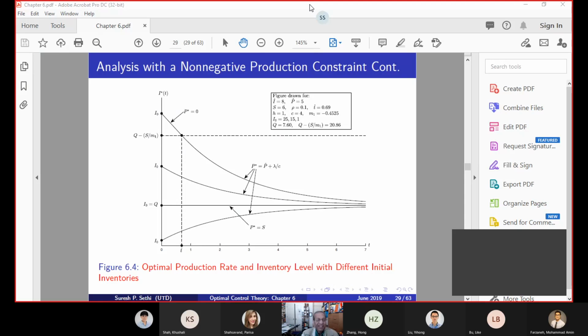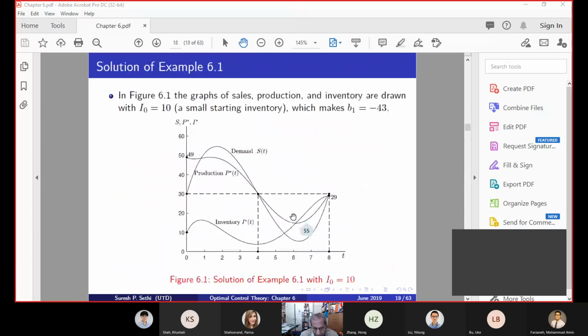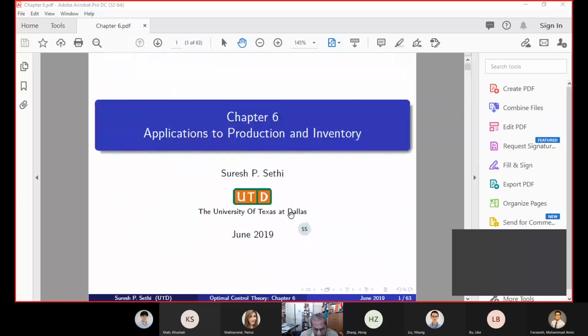So this is the insight that you have to have. The insight now is that I have solved the problem. This is the boundary case. The boundary case is such that P star is at the constraint only at time 0, and after that it is no longer there. So at that time it is 0, it is at the boundary.